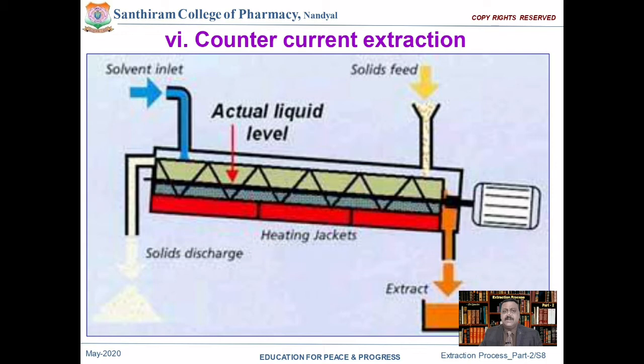And when the solvent flows in the opposite direction, it has a tendency to penetrate through the plant tissue materials present in the sample substance, and it will dissolve and extract out all the active ingredients which are present in the sample and comes out as extract, which is collected at the bottom end, right?